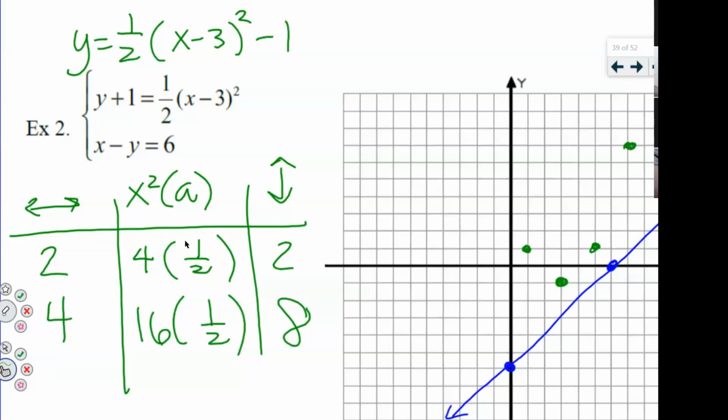I think that we can safely say there's no solution to this. So let's write no solution. Do you guys have any questions on why it's no solution?